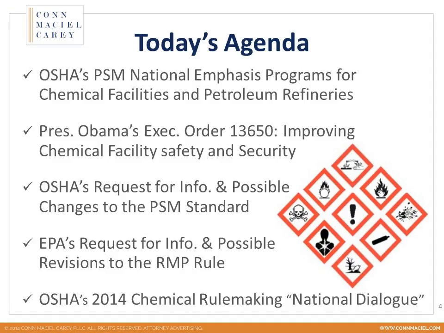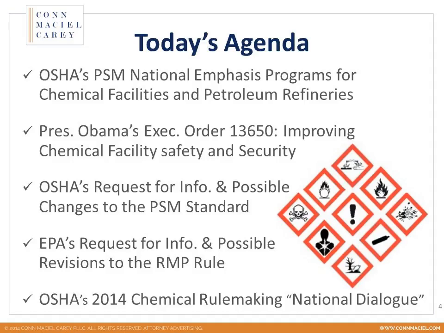We're also going to talk a little bit about President Obama's Executive Order 13650, which was entitled Improving Chemical Facility Safety and Security, issued last year in the wake of some very serious incidents at chemical manufacturing facilities, and talk about what impact that has both on the regulatory scheme, enforcement, as well as rulemaking.